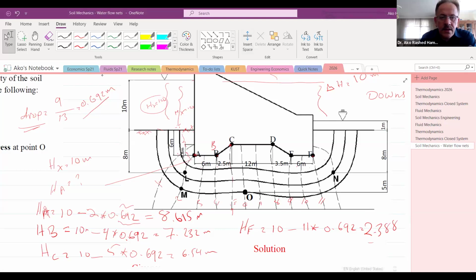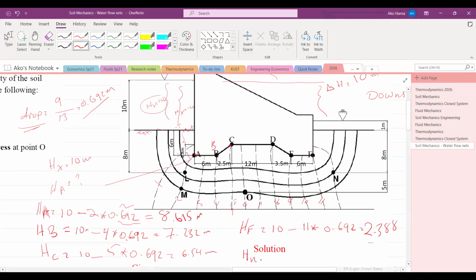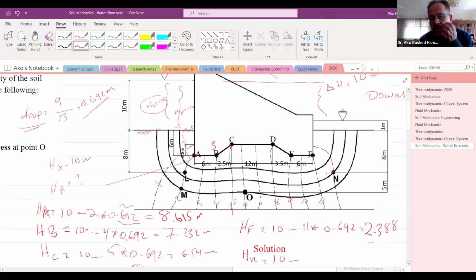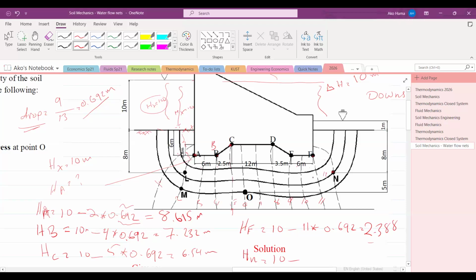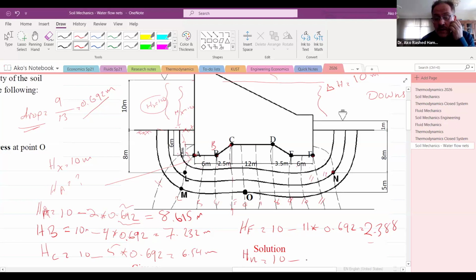So for point N, it is 10 minus 12 times 0.692. So it's 12 times 0.692.